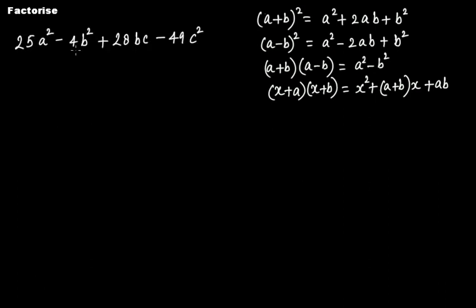25a squared minus 4b squared plus 28bc minus 49c squared. Okay, you can do one thing to solve this. Look at this one carefully, and write this 25a squared as it is, then take this minus.